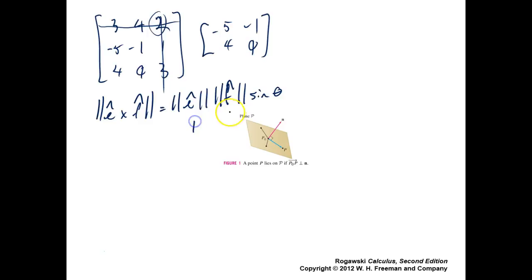All right, 1 times 1. Wait a minute, I'm sorry. I misread the problem. The angle between them is pi/6. So it's the sine of pi/6. Okay, what is the sine of pi/6?